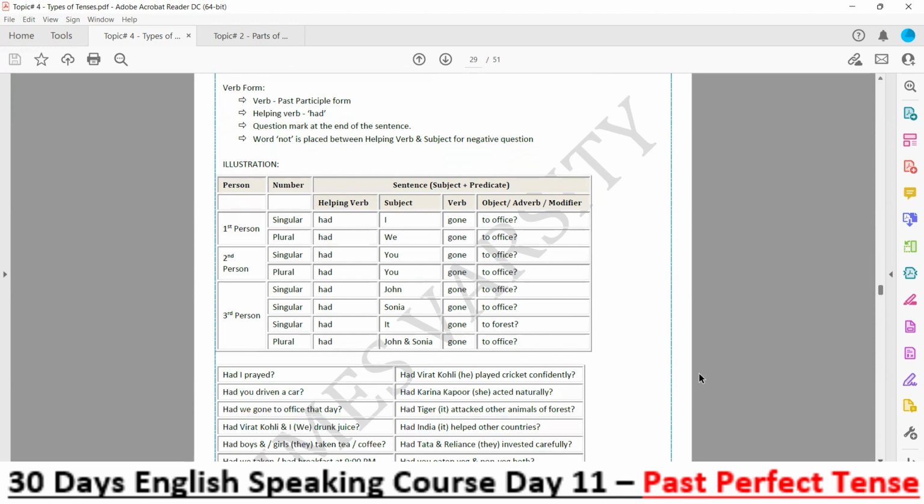Now, Naveed, it's your turn. Please translate the third person singular and plurals. Please read this one and translate in Hindi, Urdu, or whichever language you want.